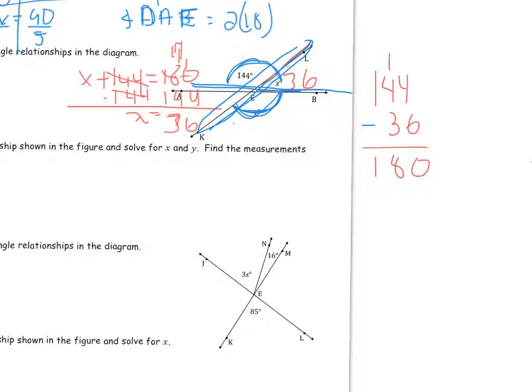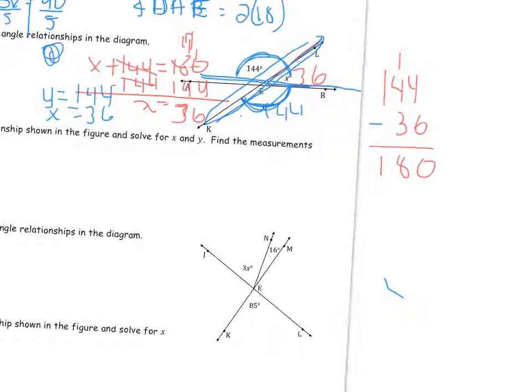So remember, be talking about this, because part of it is naming the angles. So y is vertical from the 144, so y must equal 144, because vertical angles are equal. So y is 144 and x is 36.